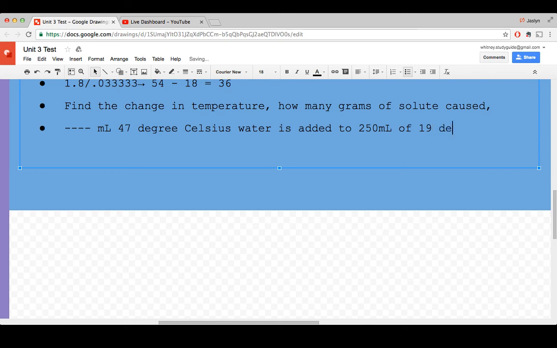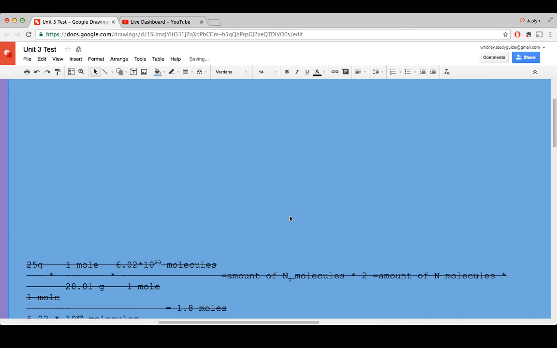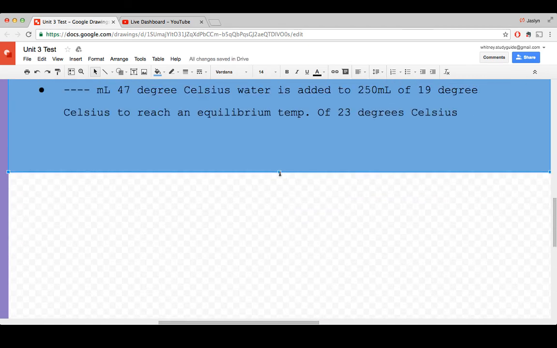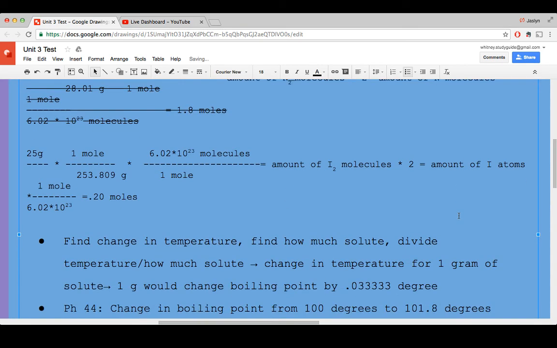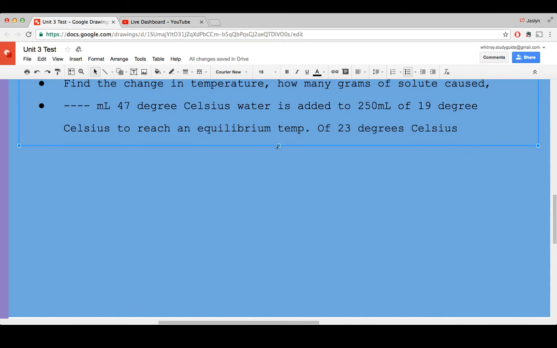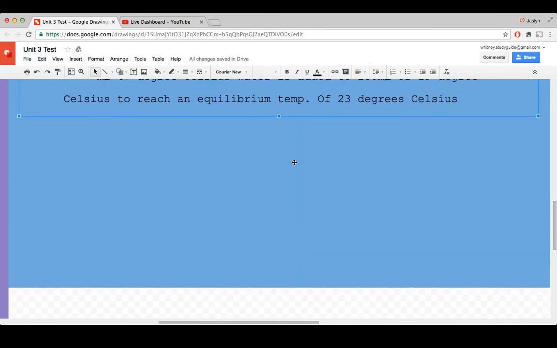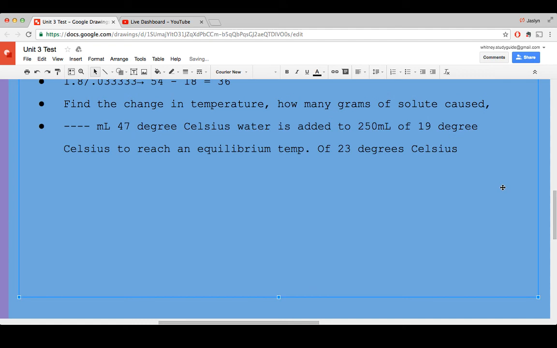degrees Celsius to reach an equilibrium temperature of 23 degrees Celsius. So really, when you're working with equilibriums, it's just finding the average of the two water temperatures.